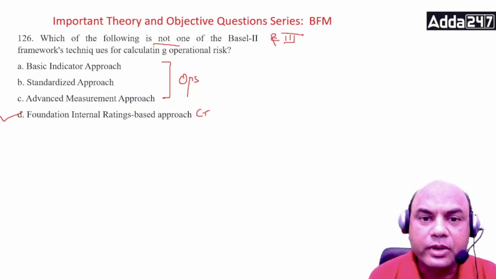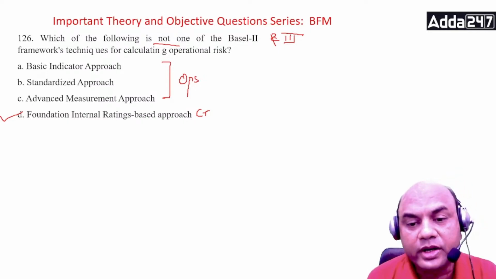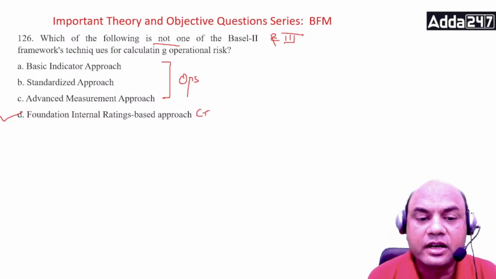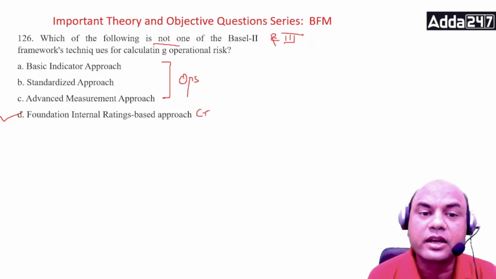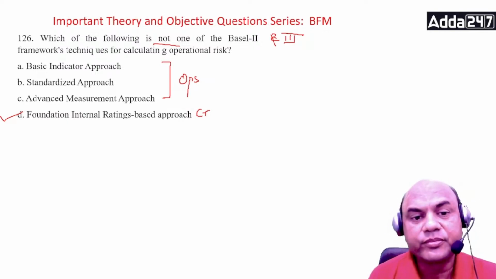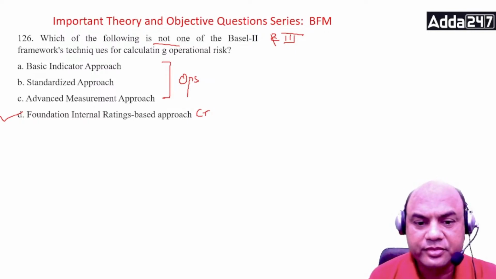These are the four parameters used under AMA, along with internal control factors, for methodologies such as the internal measurement approach, IMA, and loss distribution. So for operations risk, remember there are three methods. Got it?